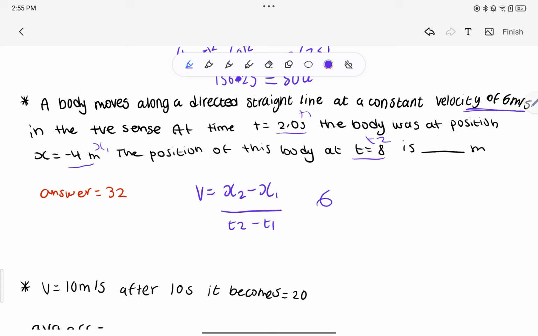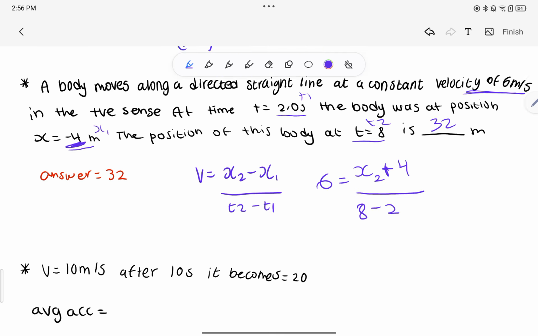Okay, so 6 equals x2 minus 4, it will become plus because it's already negative, over 8 minus 2. You put it on the calculator, you will get 32. But let me just make sure so I don't do anything wrong. Yeah, 32.